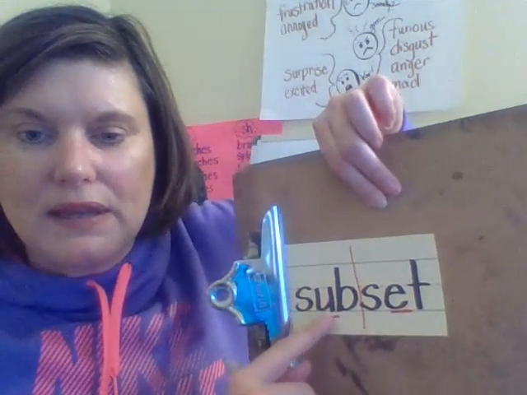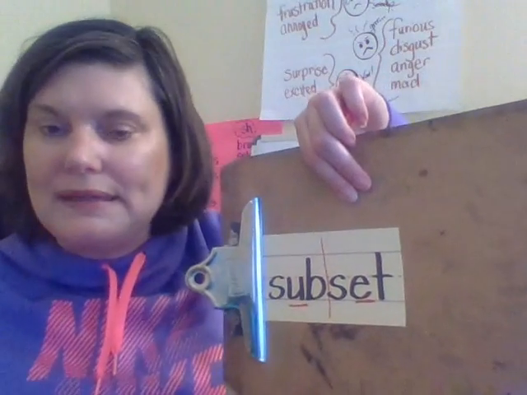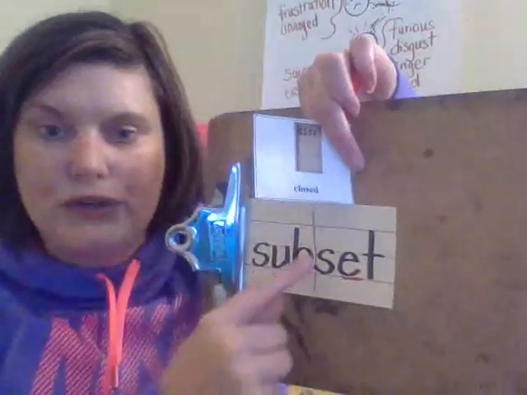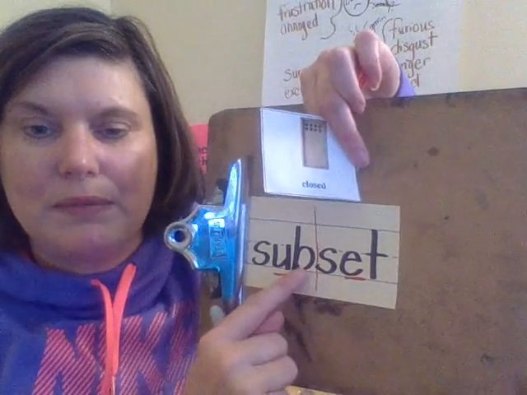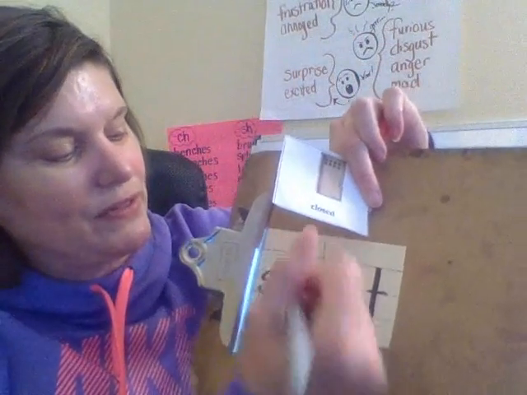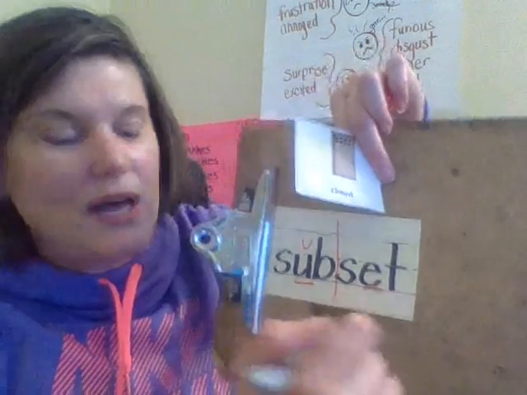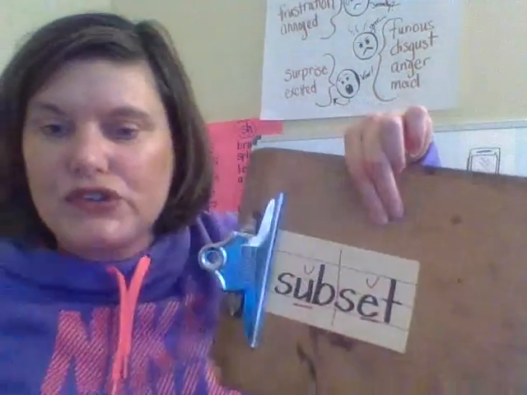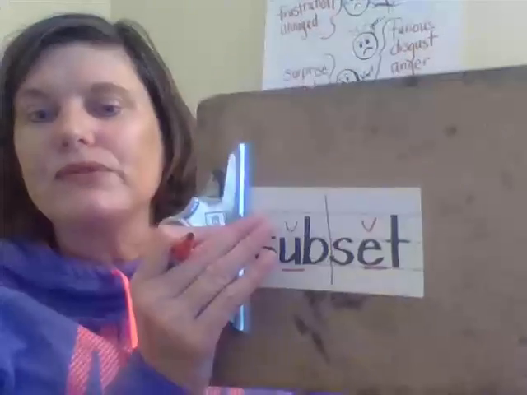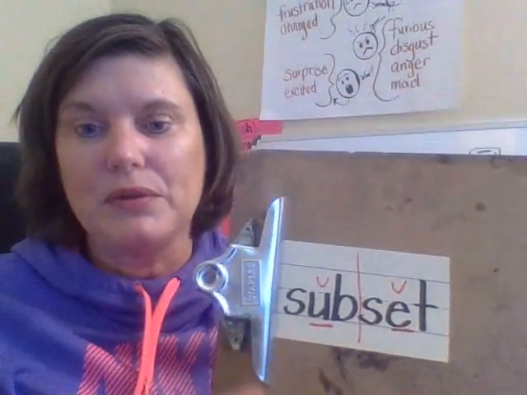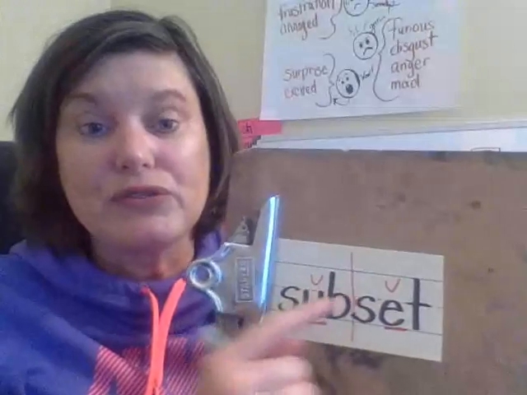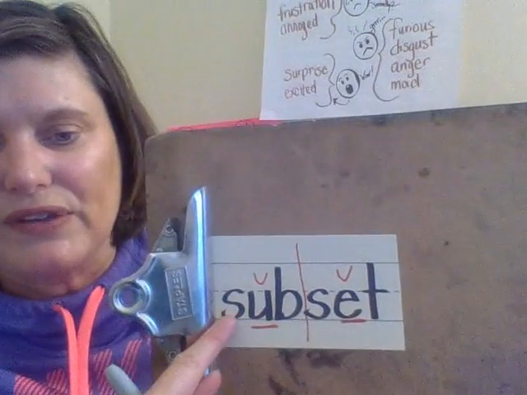And now when I look at this first syllable, I see it is a closed syllable type because there's a consonant after the vowel. When I look here, same thing. There's a consonant after the vowel. So I have two syllables, and they both are closed syllable types, which means they'll both have short vowel sounds. So let's sound it out.